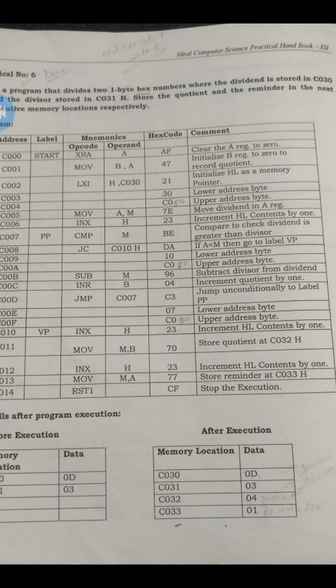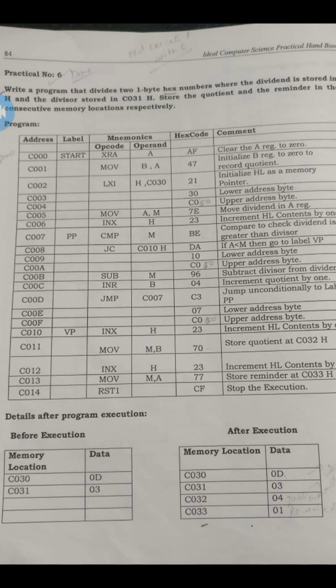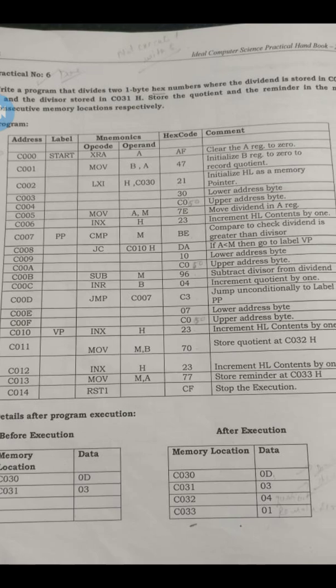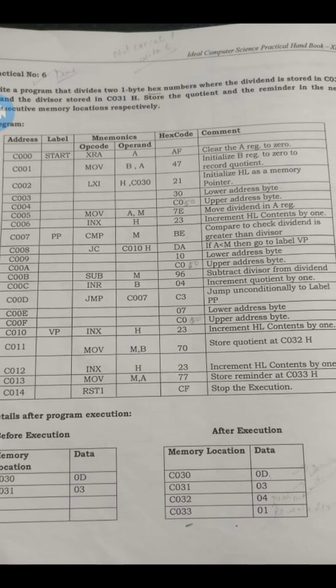Initially we have cleared the value of the accumulator to 0 and now we are transferring the value of the accumulator into B. So B, A means it will transfer the contents of A into B. The content of A is 0, so 0 will be transferred to B. We have initialized the B register to 0 and the hex code of the move instruction is 47.